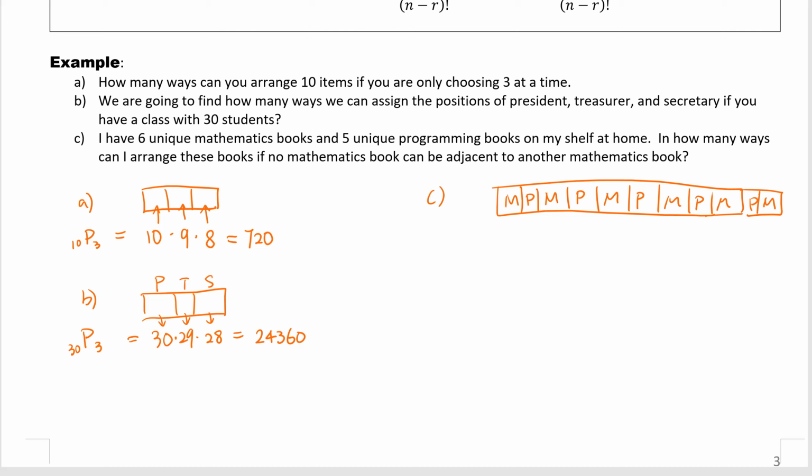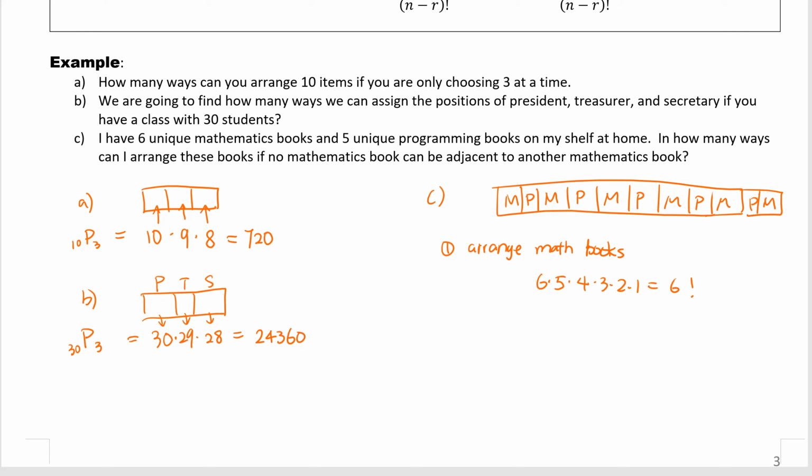So now we only have left to arrange the math books and the programming books. First we arrange the math books. There are 6 spots. The first spot we have 6 choices, the second spot 5 choices, then 4, 3, 2, 1. So that's 6 factorial for the math books.